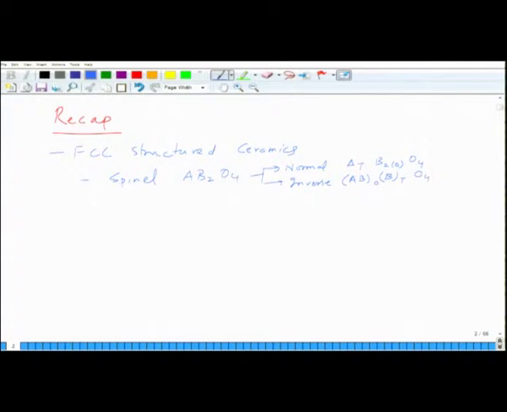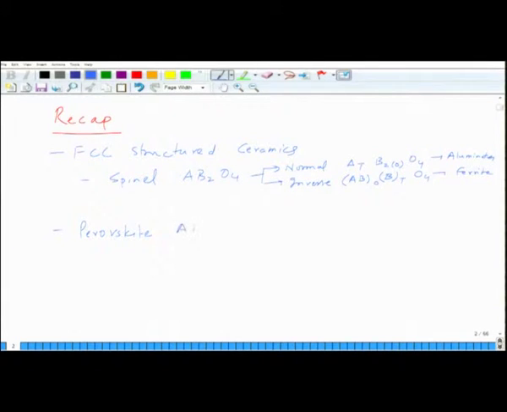Spinel structure is important because many aluminates and ferrites make this structure. Typically aluminates make normal spinel structure, and ferrites make inverse spinel structure. This is the difference between the two.